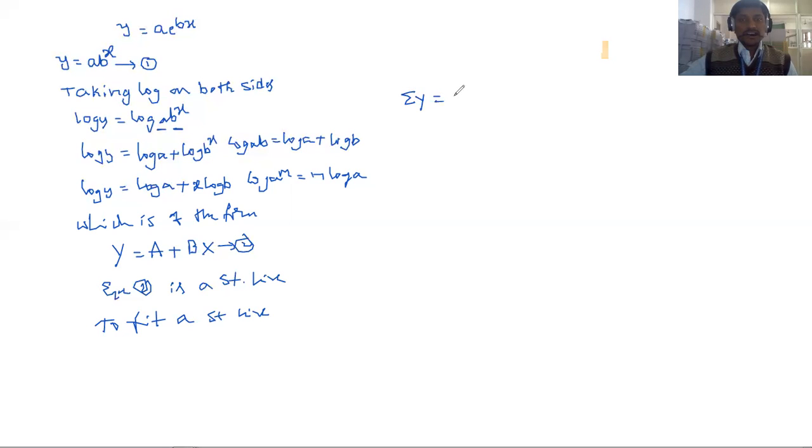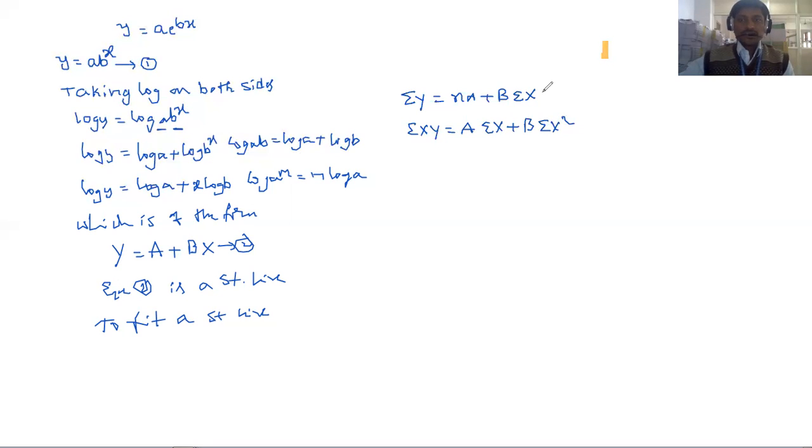Summation y is equal to na plus b summation x. So this is one normal equation. And the next one, summation xy is equal to a summation x plus b summation x square. So this is another normal equation. Here we require to find a and b.